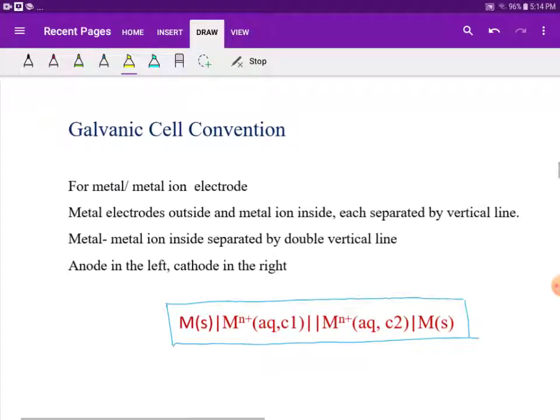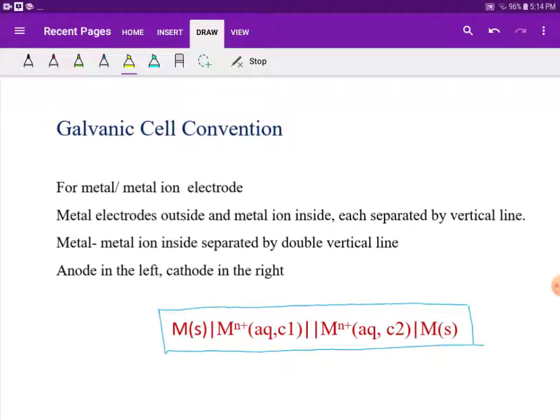Now, the galvanic cell convention. For a metal ion electrode, that is the most conventional single electrode, the convention is as mentioned below. The metal electrodes are shown outside and the metal ions inside, each separated by a vertical line.